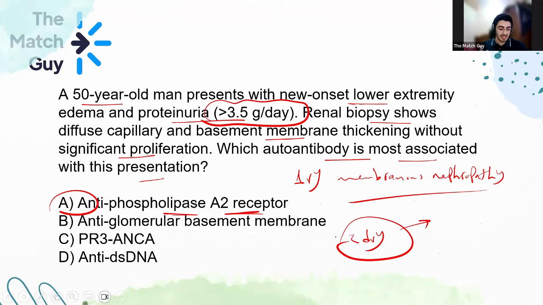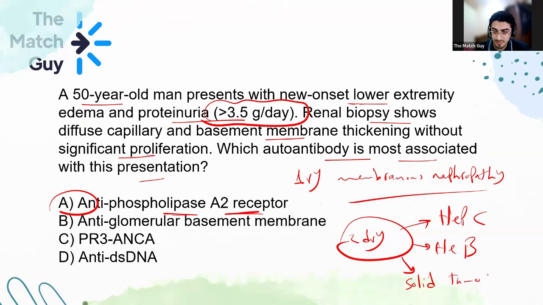Membranous nephropathy can happen secondary to what, guys? What are the triggers that can cause the membranous nephropathy? Nice, Sarah. So we have the hepatitis C, hepatitis B, okay? Solid tumors. Nice. Gold and penicillamine.